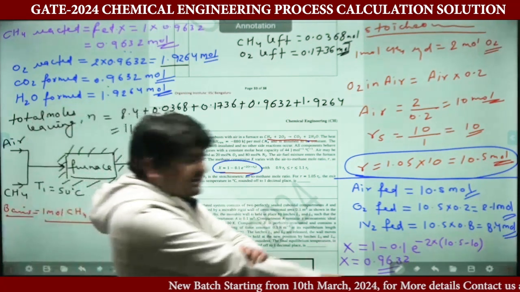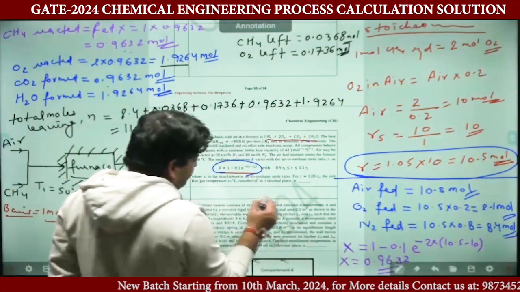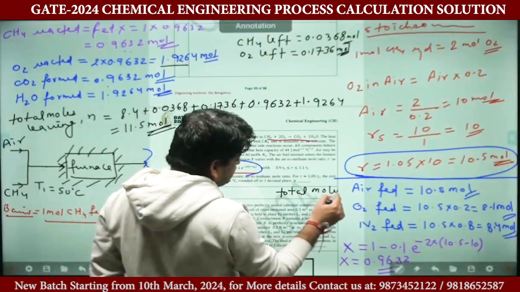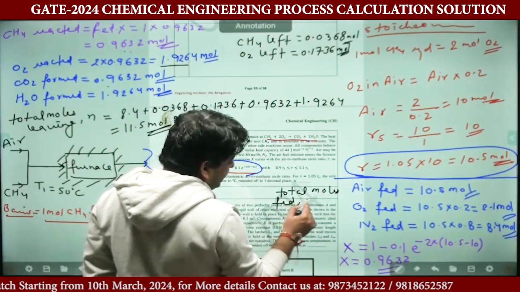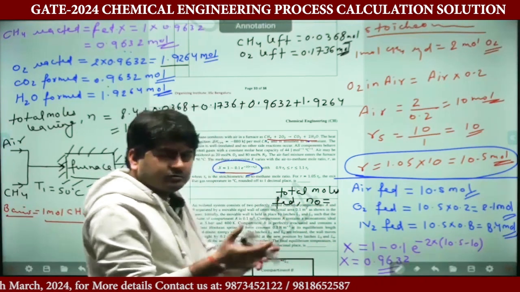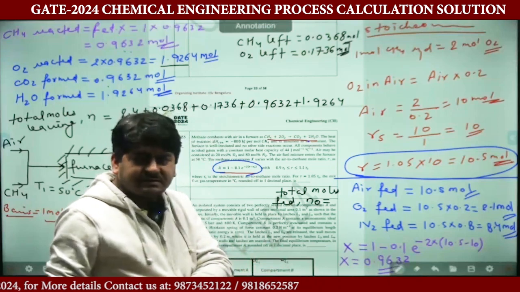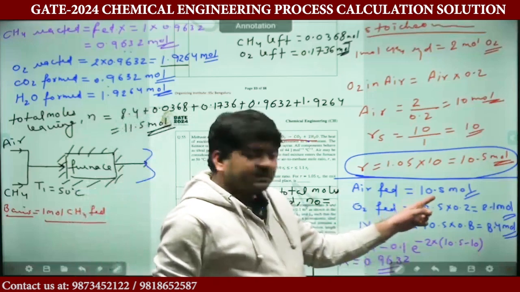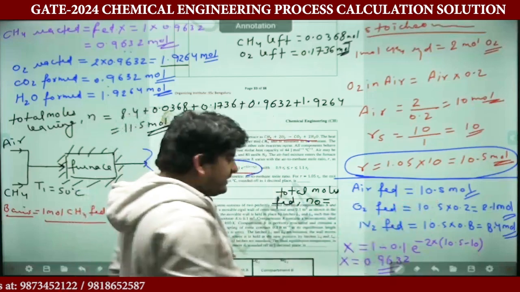And here if you guys see, total moles fed, that is N naught, let's say, air fed plus CH4 fed. We don't need to break down O2 and N2 separately. We can directly say air. So air fed is 10.5, CH4 fed is 1.